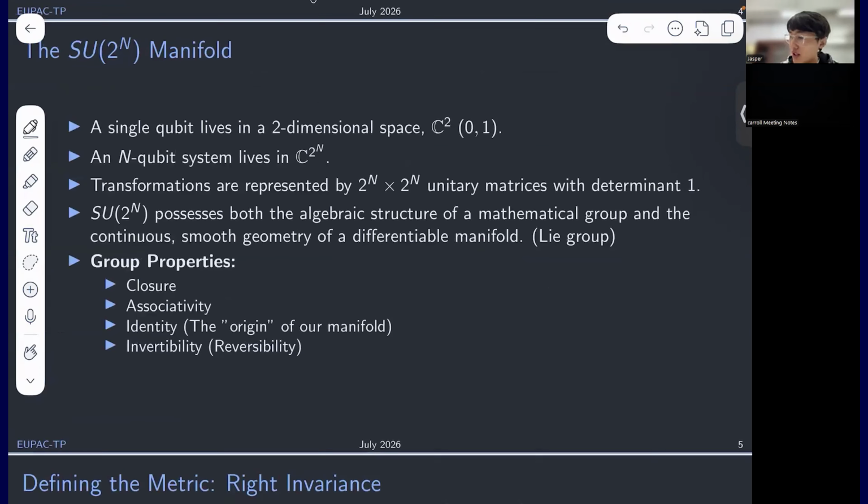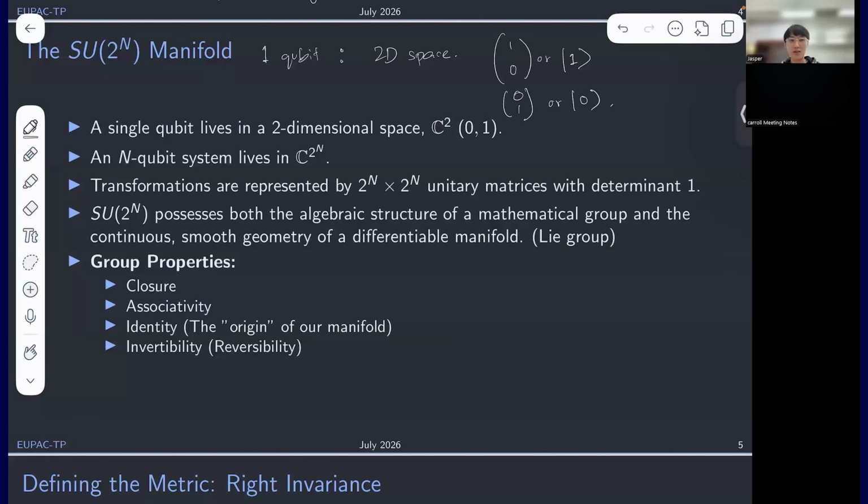Before we get into it, for 1 qubit we have a 2-dimensional space, right? It's spanned by, let's say this is 1 and this is 0. Spanned by 0 and 1.